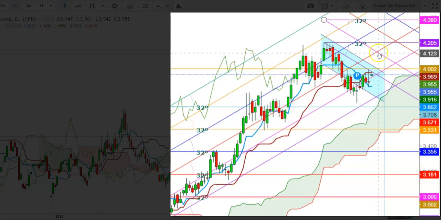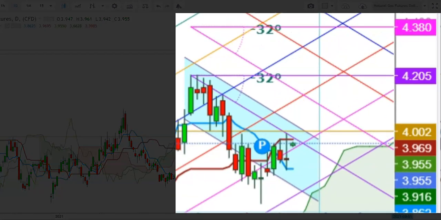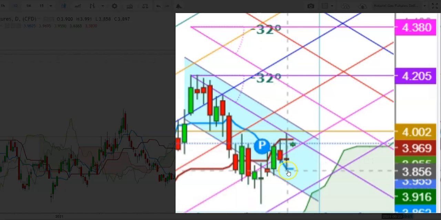And here I find that a weekly closing above the levels of $4.148 could continue this rally in natural gas futures, because here you can see how the natural gas futures have been showing good strength despite the formation of this bearish crossover here in the daily time frame.